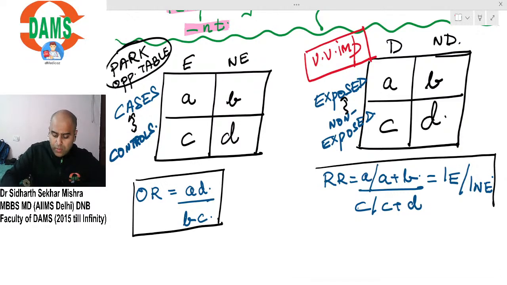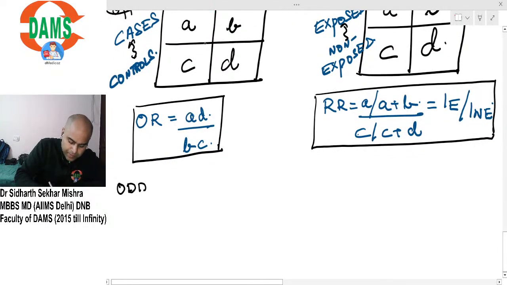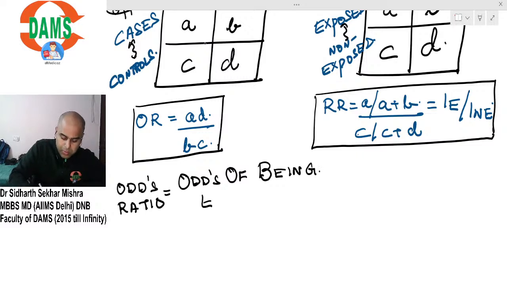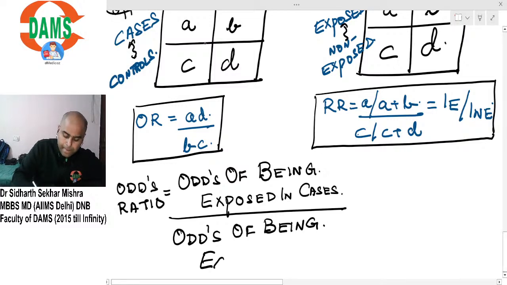At MCQ level, we don't expect you to know this. So what is the interpretation? Odds ratio. It is the odds of being exposed in cases divided by odds of being exposed in controls.